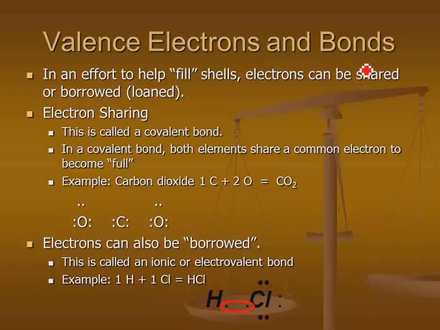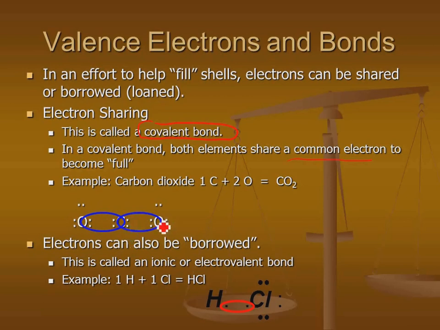When there's electron sharing, it's called a covalent bond. Covalent. And they share a common electron to become full. So here you can see oxygen is 1, 2, 3, 4, 5, 6, 7, 8, because it's sharing 2 with carbon.